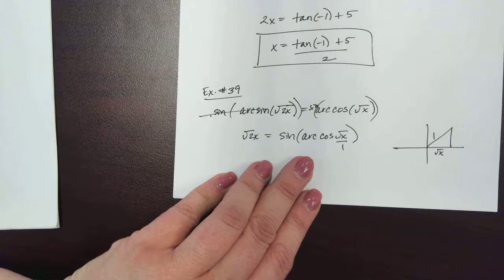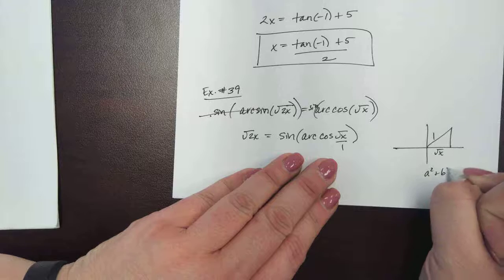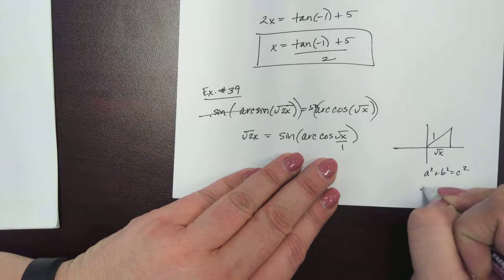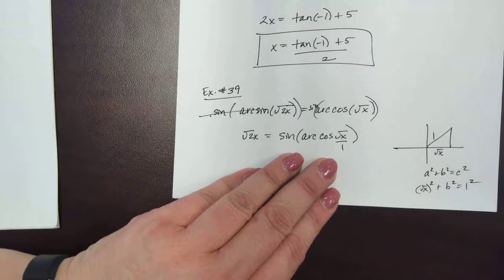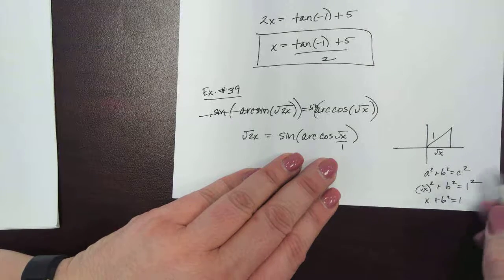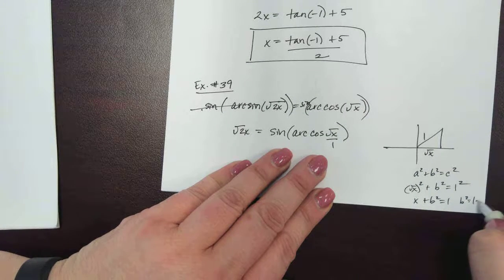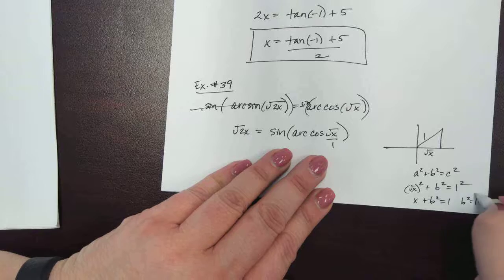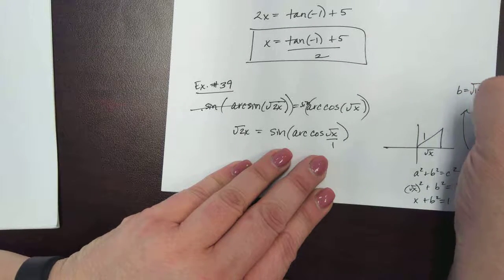We need to use the Pythagorean theorem, a squared plus b squared equals c squared, so square root x squared plus b squared equals 1 squared. X plus b squared equals 1, so b squared equals 1 minus x, and b equals the square root of 1 minus x.